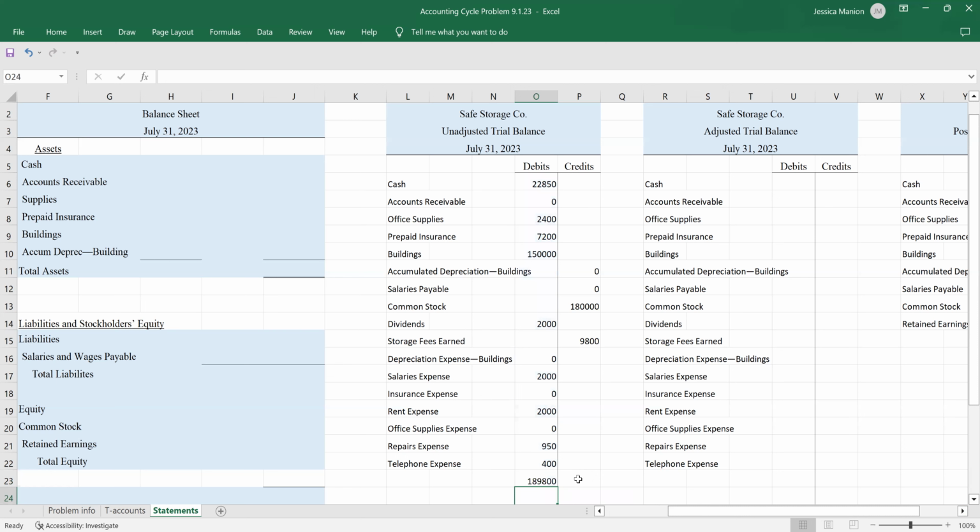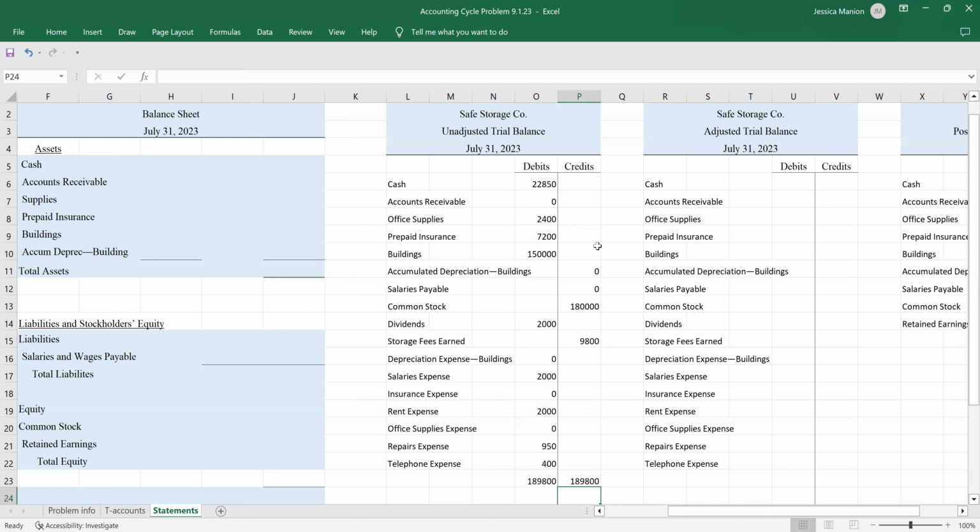Okay, so 189,800 on the debit side. And we can actually see that that is what's on the credit side as well. But I'm going to go ahead and just enter the formula. 189,800. Okay. So again, unadjusted trial balance, step 4 of the accounting cycle.